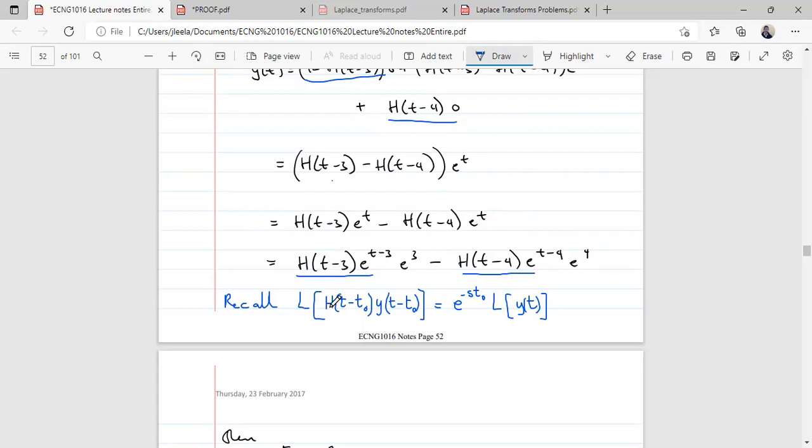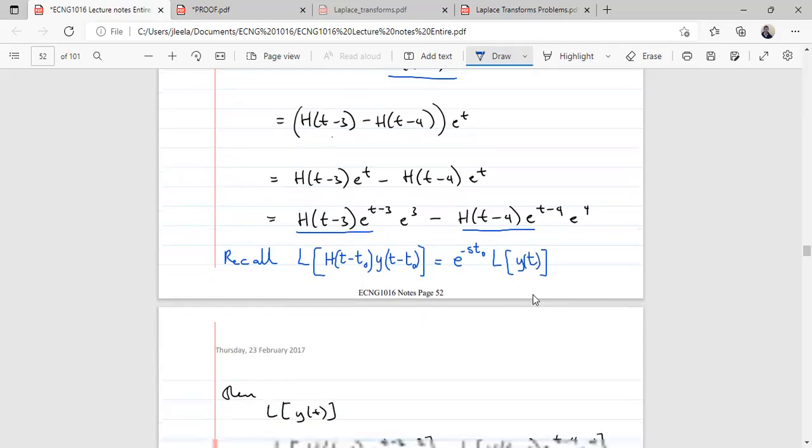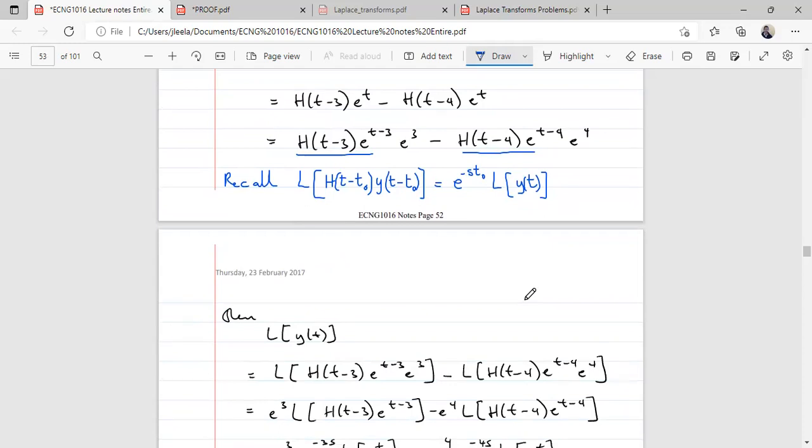So you see, recall h at t minus t naught, y at t minus t naught is e to the minus s t naught, the Laplace of y t. So doing that here, basically you have the Laplace of h t minus 3 e to the t minus 3 e to the power 3.